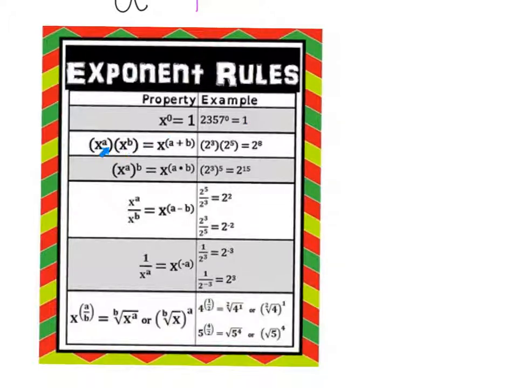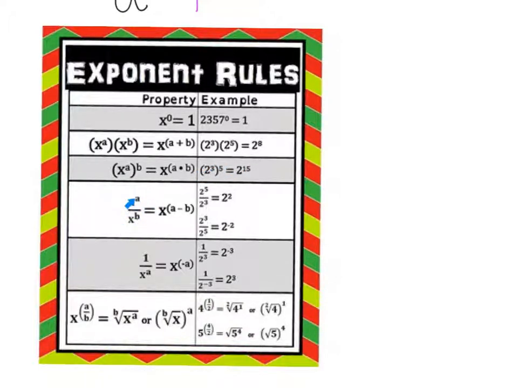When you're multiplying variables with the same base, you add their exponents, such that 2 to the 3rd times 2 to the 5th is 2 to the 8th. When you're raising a power to a power, you multiply the exponents, such that 2 to the 3 to the power of 5 is 2 to the 15.